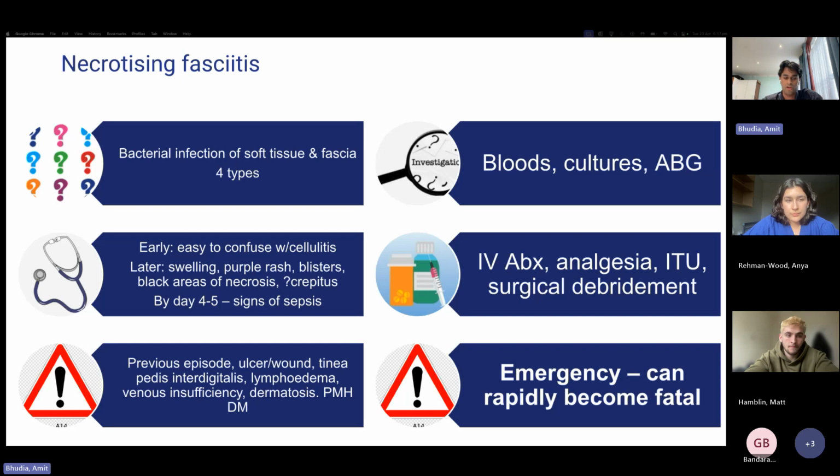Gas gangrene is caused by Clostridium perfringens, but it would present in the same sort of way, except I know gas gangrene's a lot more aggressive than the other ones, so that would require immediate escalation for surgical debridement. And I'm not too sure, but they have different causes as well, and they're more common in different subgroups. So I would just go and look that up.